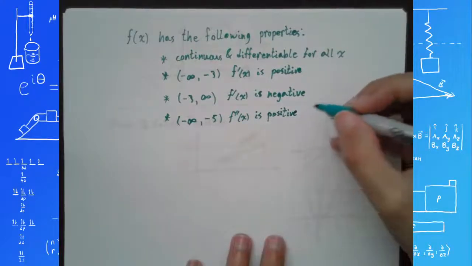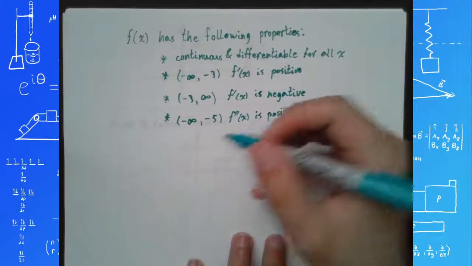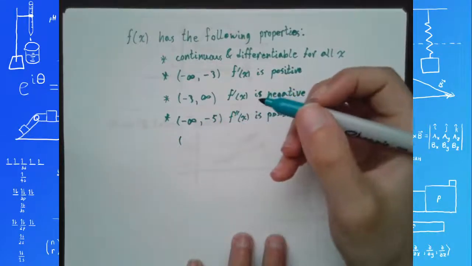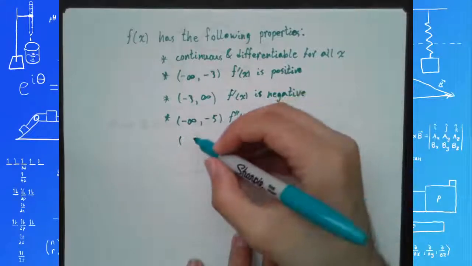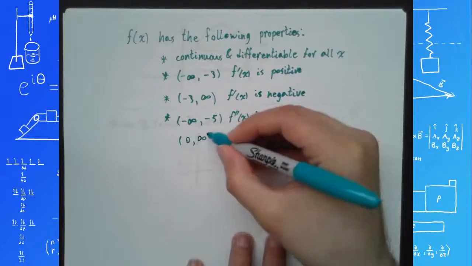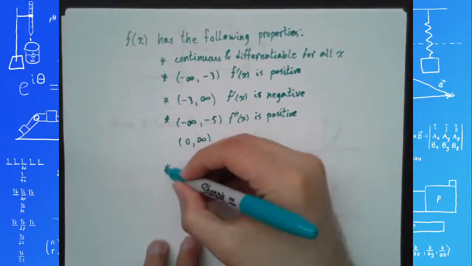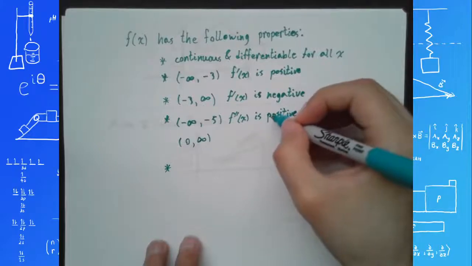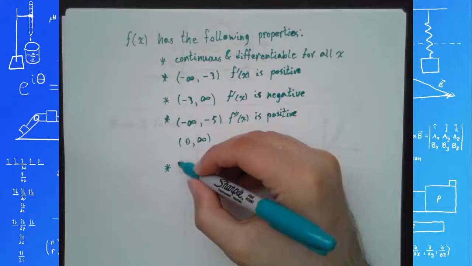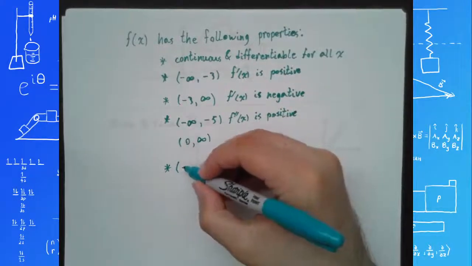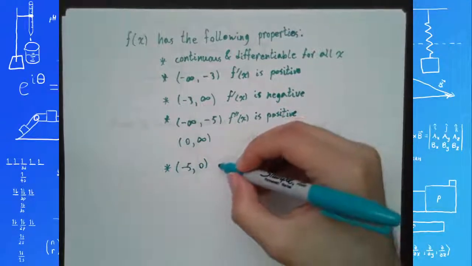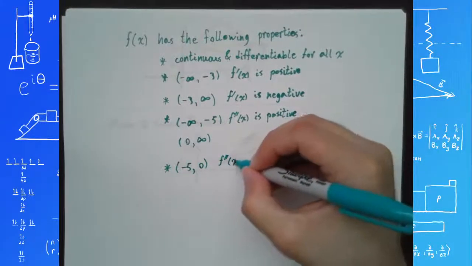Also, it'll be positive from negative infinity to negative 5, and let's say also from 0 to infinity. It also has a positive second derivative. And then from negative 5 to 0, f double prime is negative.